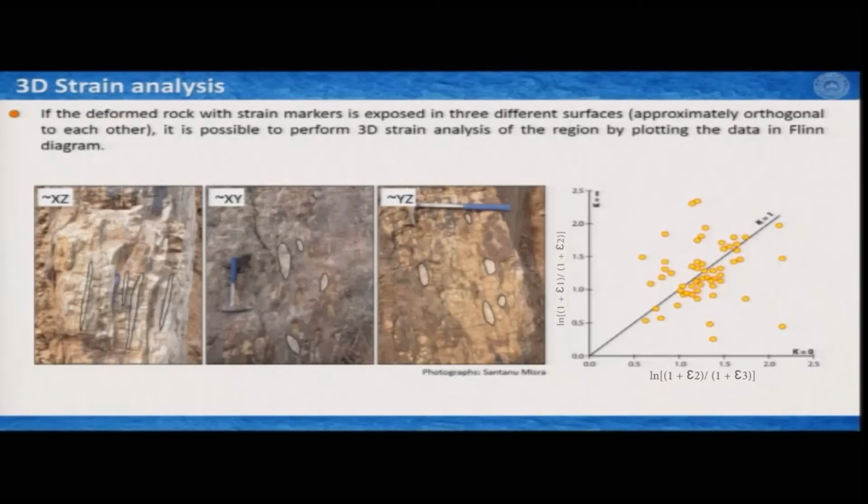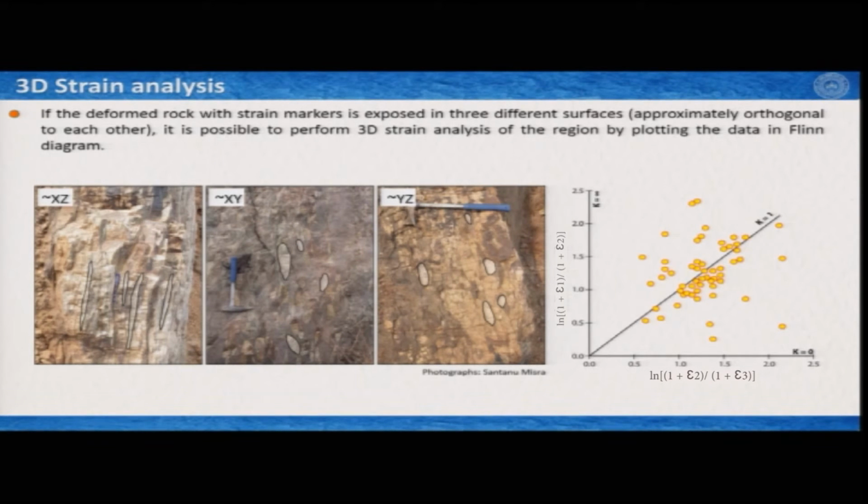Now, because we have a 3-dimensional scenario here, you can also, in the field, with some techniques or typical observations, figure out what is your x direction, your y direction, and your z direction of the principal axes of the strain ellipsoid.